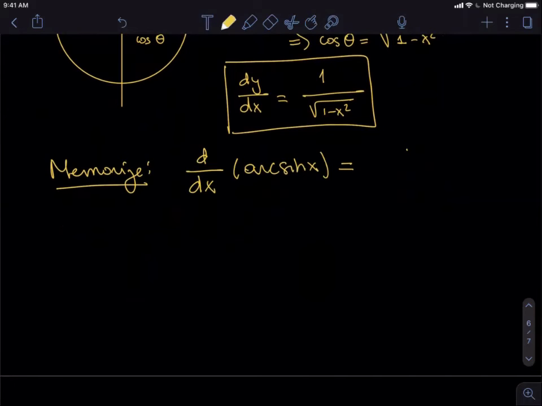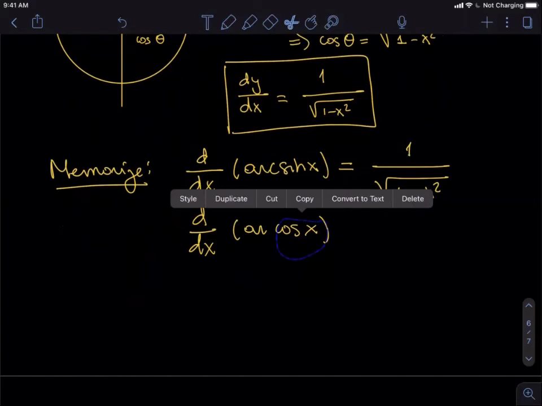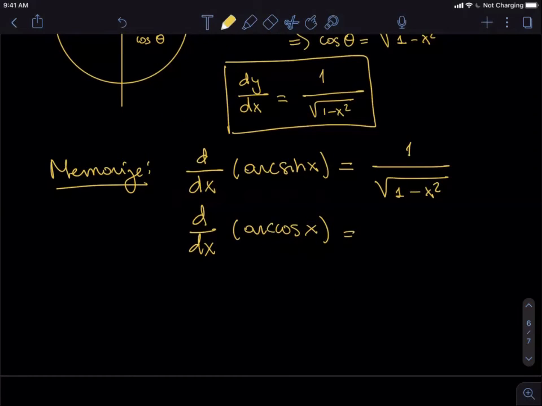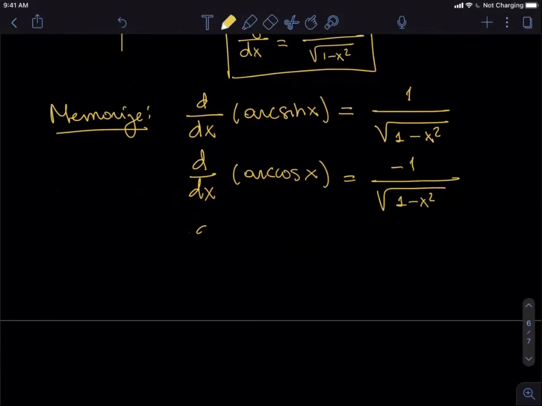But the second best thing is if we remember that the derivative of the arc sine of x is 1 over square root of 1 minus x squared, d/dx of arc cosine of x, I forgot the c here, there we go, arc cosine of x equals negative 1 divided by the square root of 1 minus x squared, and then d/dx of the arc tangent of x, that's going to be 1 divided by 1 plus x squared.